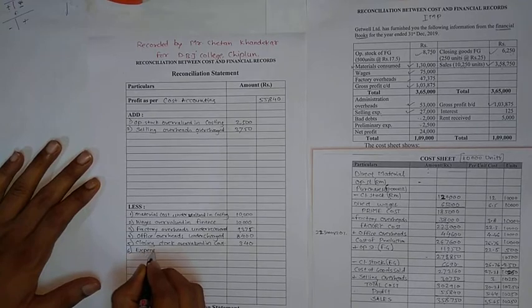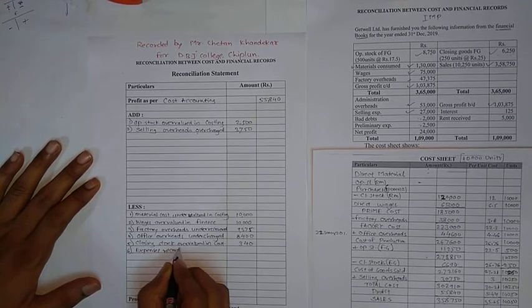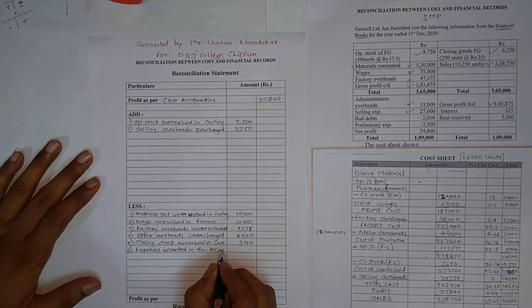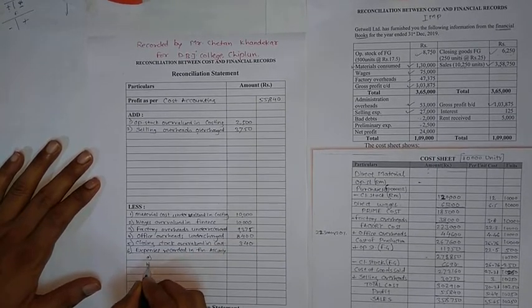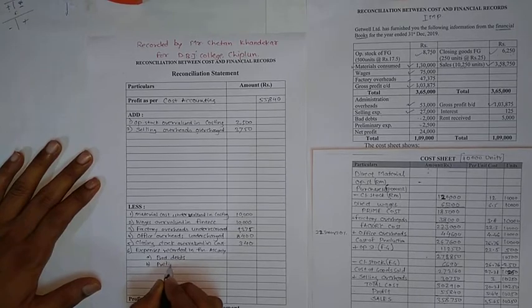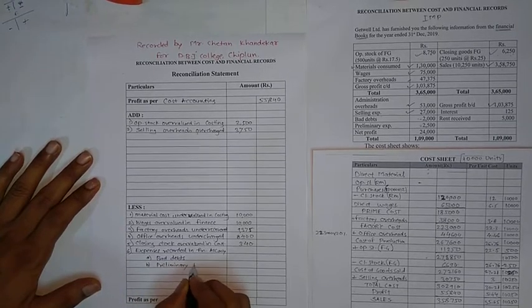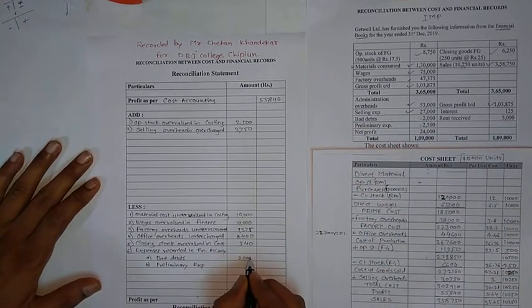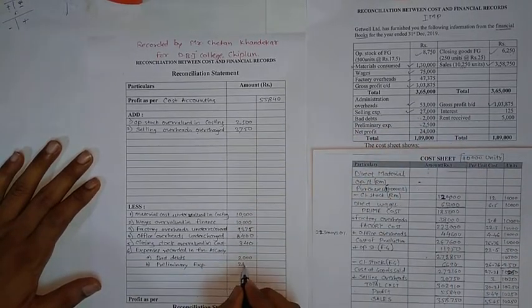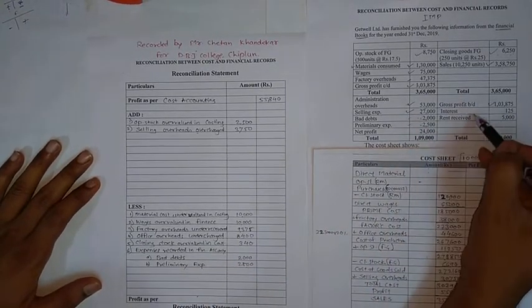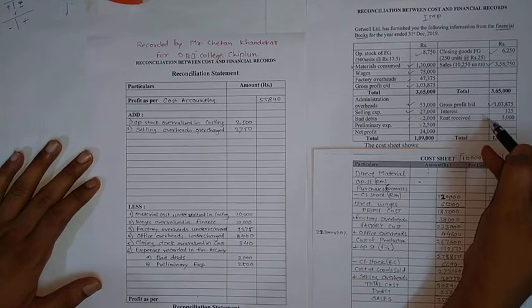So expenses recorded in financial accounts only, in that first is bad debts and second is preliminary expense. Bad debts are 2,000 and preliminary expenses are 2,500. Okay, next, credit side, interest and rent received, both are incomes.